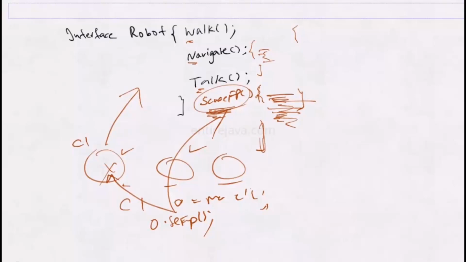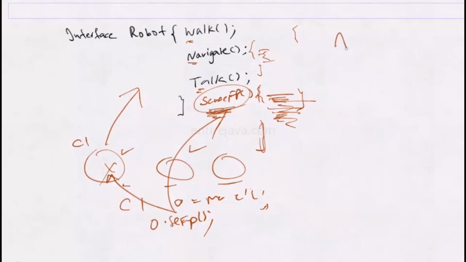But this has introduced a new problem. Actually, it has brought back the old problem we had with multiple inheritance. Remember the diamond problem with multiple inheritance? We eliminated that problem using interfaces, but now we introduce that problem back again by introducing default methods.